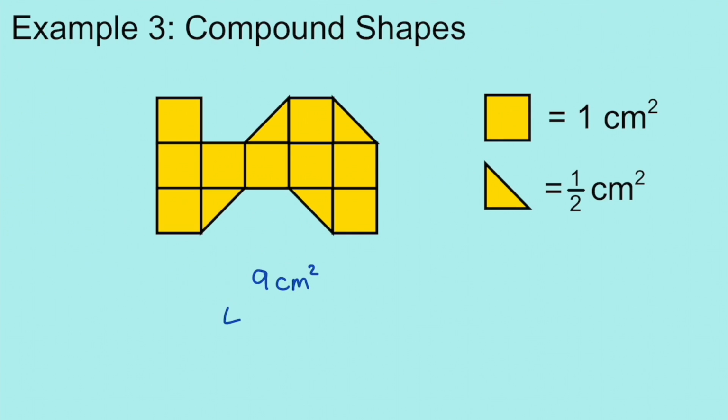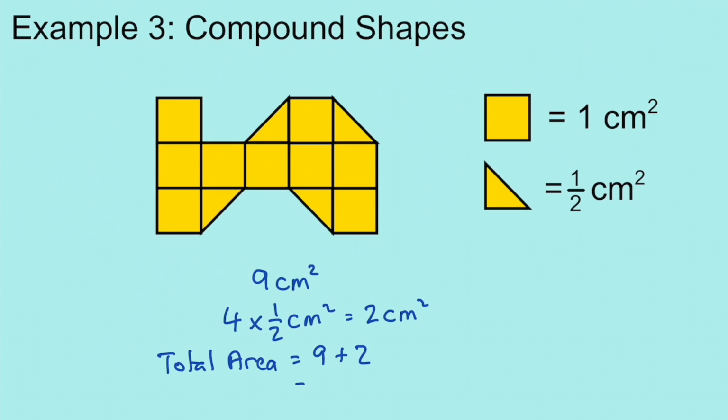So I've got 4 times a half squared centimetres, which is equal to 2 squared centimetres. So total area is equal to the 9 plus the 2 gives me 11 squared centimetres.